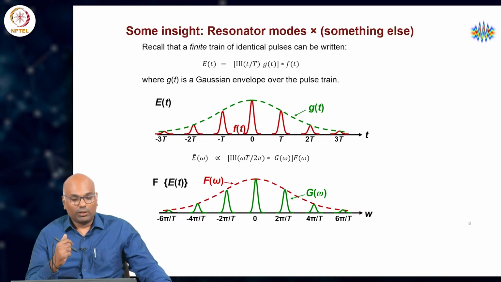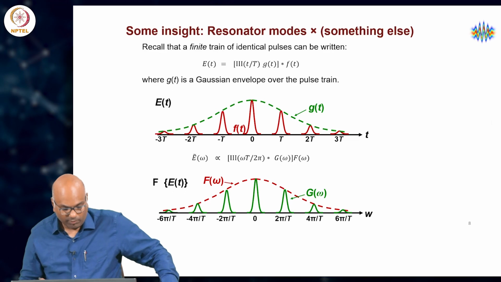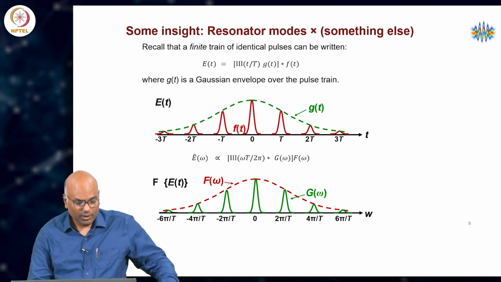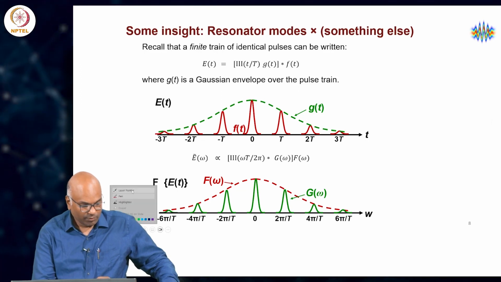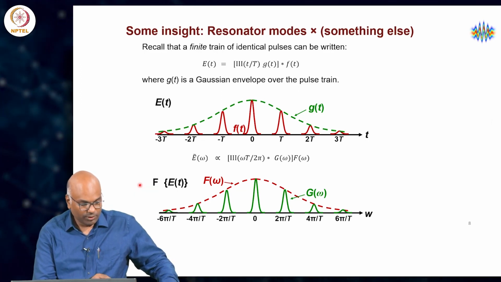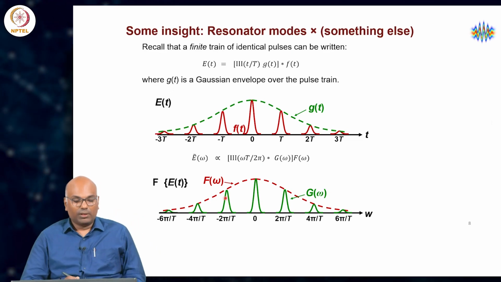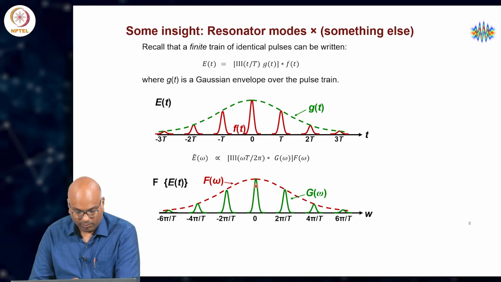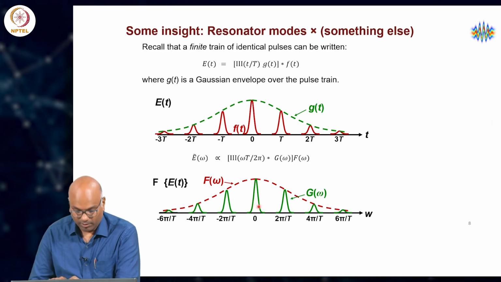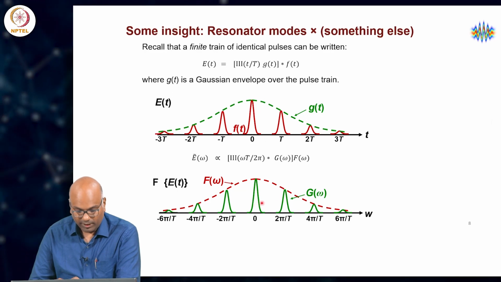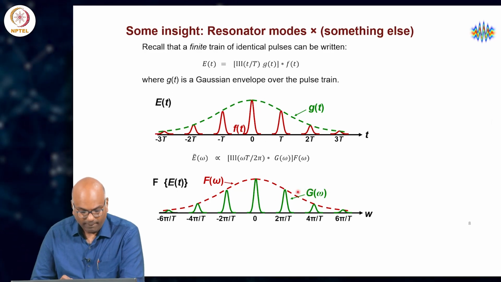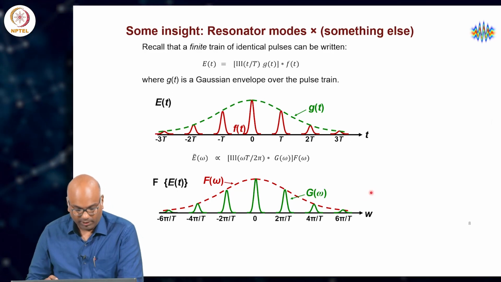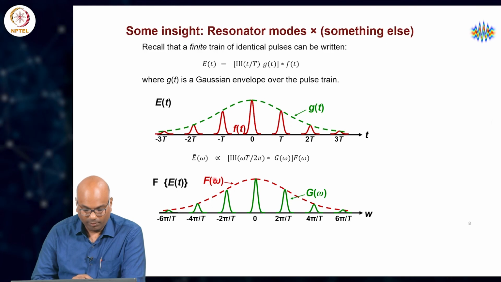So recall that we spent quite a while taking this insight from resonator modes, for which we deduced that the transmission has a spectrum which is like this, where you have the individual resonator modes, the eigenmodes, the resonant modes, forming peaks with a shape function g of omega, whereas that is modulated overall by an envelope in the spectral domain, which is f of omega.